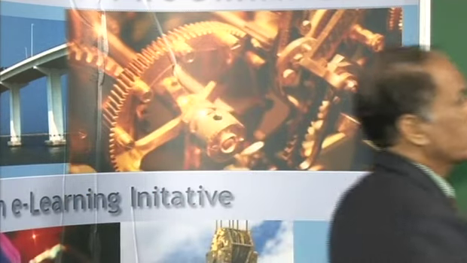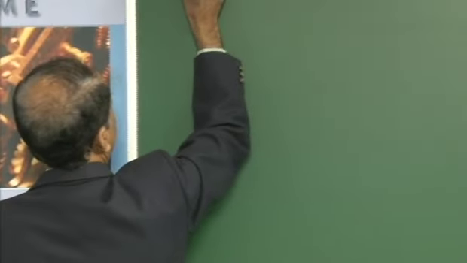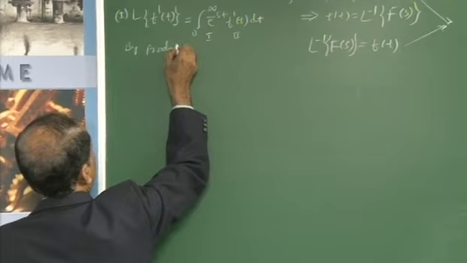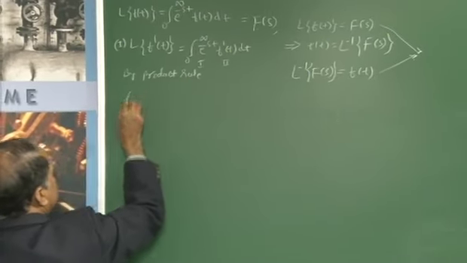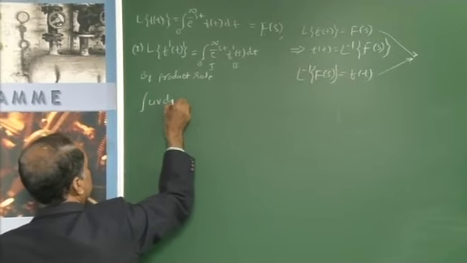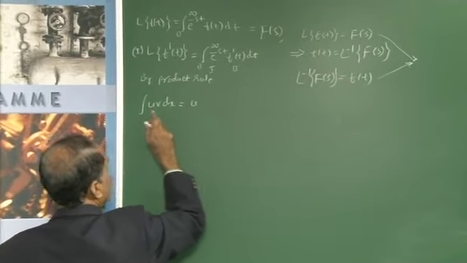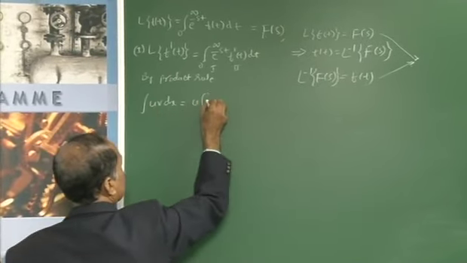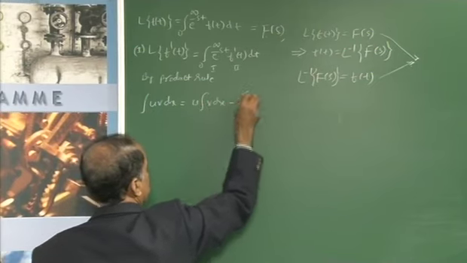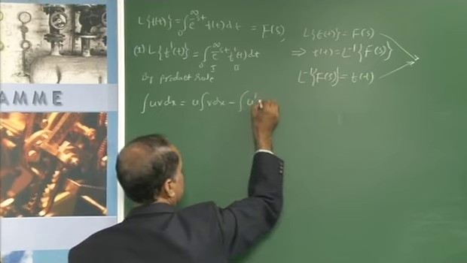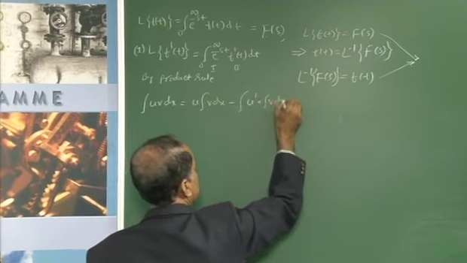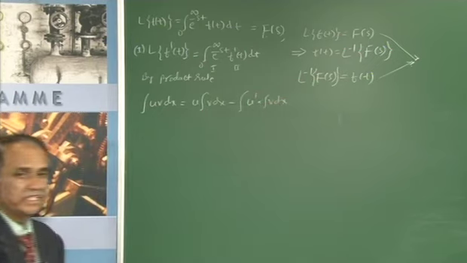What is the basic formula for integration by parts? By the product rule, integral of u into v dx is equal to u into integral of v dx minus integral of the differentiation of the first function, that is u dash, into integration of v dx.